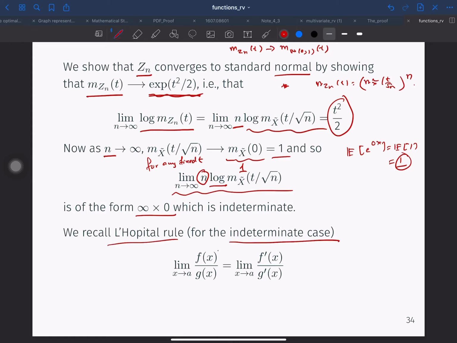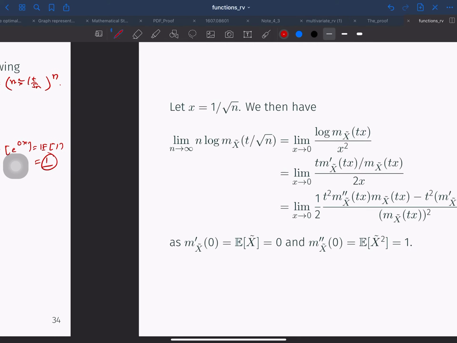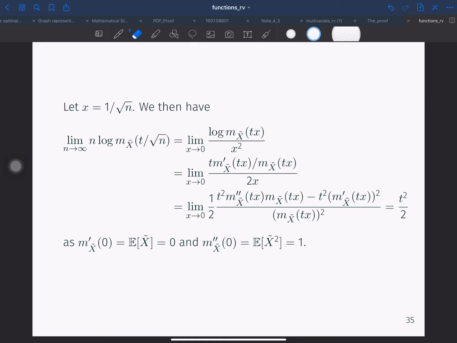So the limit of the ratio in the indeterminate case is the limit of the ratio of derivatives. So we just have to evaluate the derivative, and that is easy. What we have here is this quantity, and we want to take the limit.